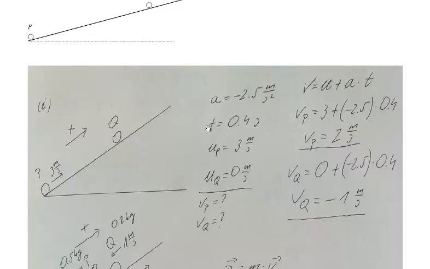This is the time, initial speed of P, initial speed of Q. We should use this formula. So the velocity of P is 2 meters per second and the velocity of Q is -1 meter per second immediately before the collision.